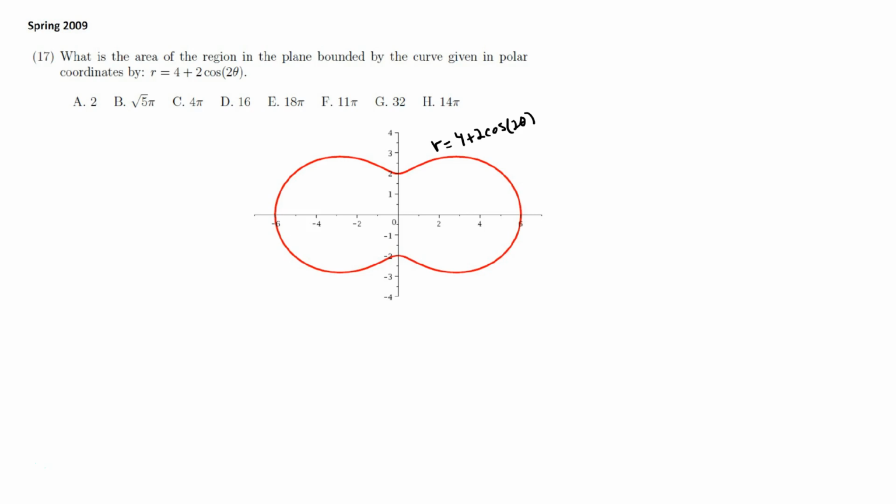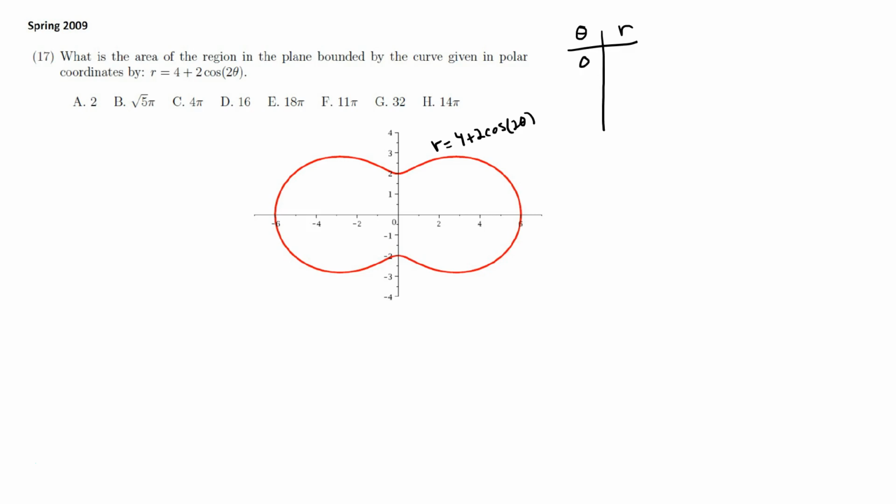You are not given the theta bounds, so you should figure them out. The perception is that theta is from 0 to 2 pi, but to be sure of that, we need to go through the progression of theta using the coordinate angles and figure out what the r is corresponding with those.